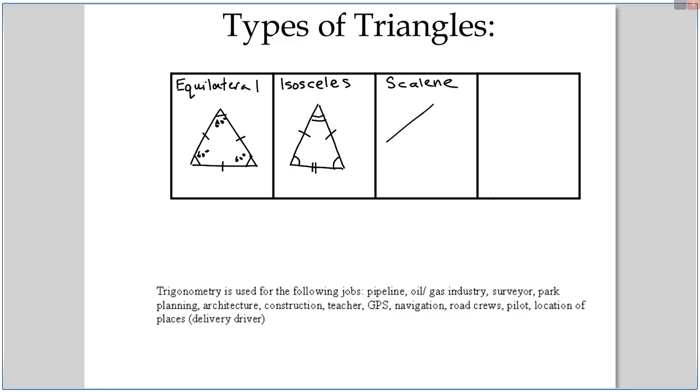And this is when it's just really random and weird. That's when all 3 are different. So then all these angles will be different. So 3 different angles, 3 different sides. Isosceles, two congruent sides, 2 congruent angles, and then equilateral, 3 congruent angles, 3 congruent sides. And then the last one is the right triangle, which is what we're going to be focused on in trigonometry. That's where you have the 90-degree angle.